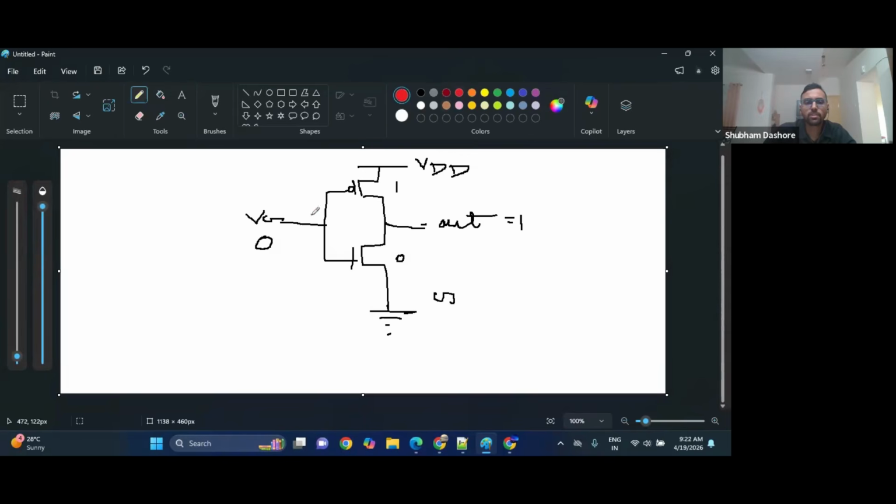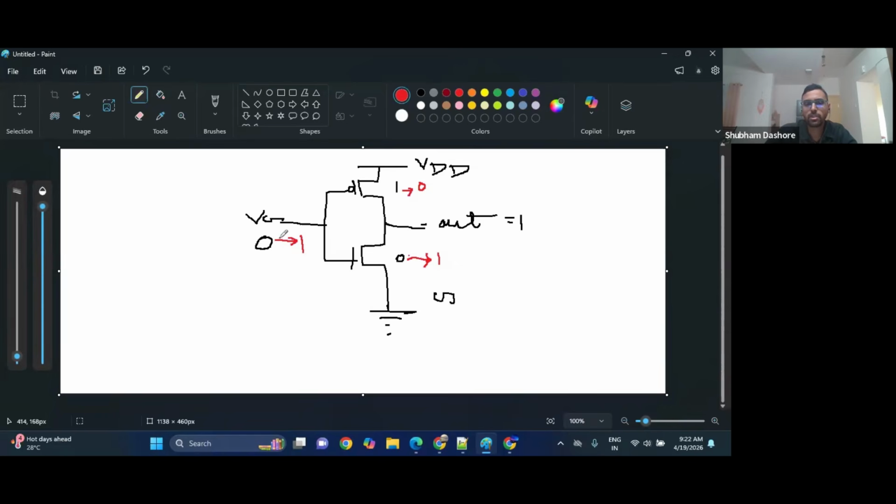Now whenever we switch from 0 to 1, this will become 1 and this will become 0. For a very short amount of time, what will happen? Both will be on. Earlier NMOS was blocked and PMOS was transparent.